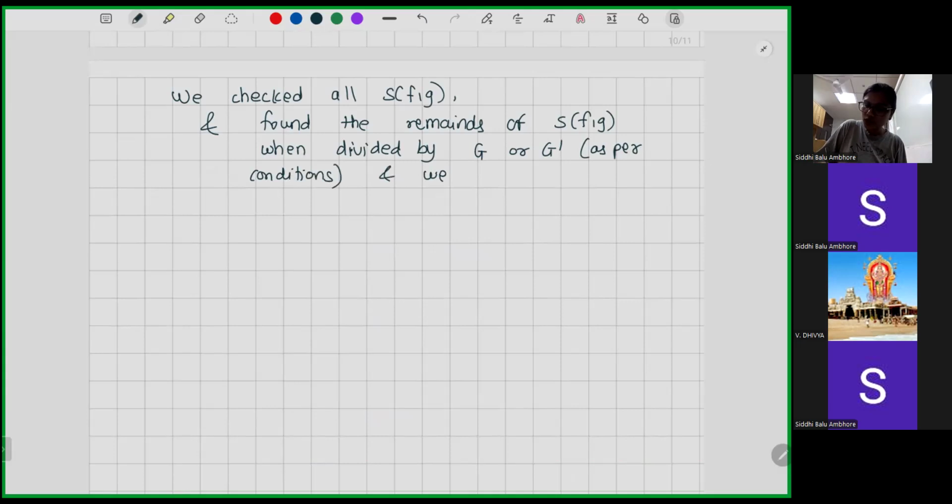And we got them all to be 0, right? And all the remainders were 0. Is this clear? All the remainders were 0.